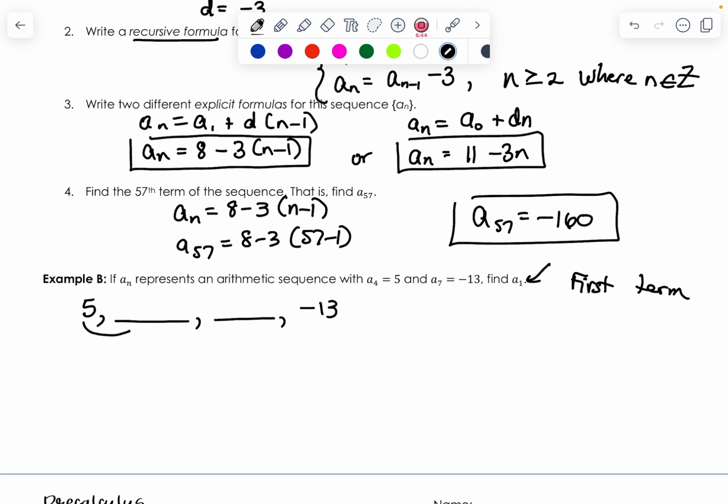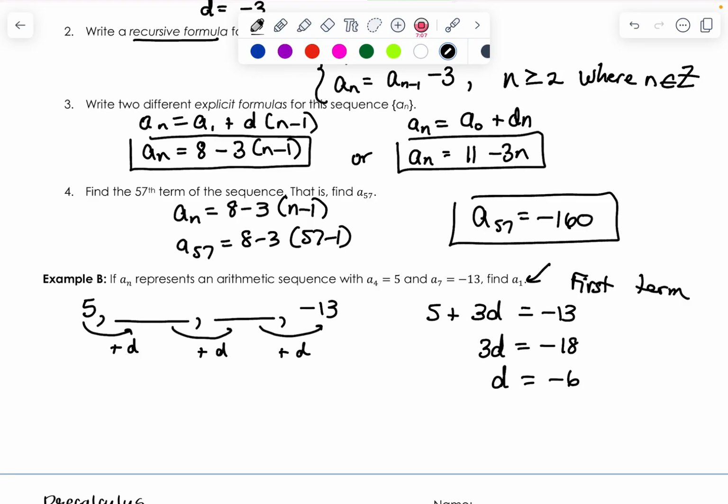So what's happening is I add the common difference, I add the common difference, and I add the common difference. So I would start with 5 plus 3 common differences is negative 13. So you can subtract 5, and the common difference is negative 6. Now, from here, you can do a couple different things. You can work backwards 3 times. That works.